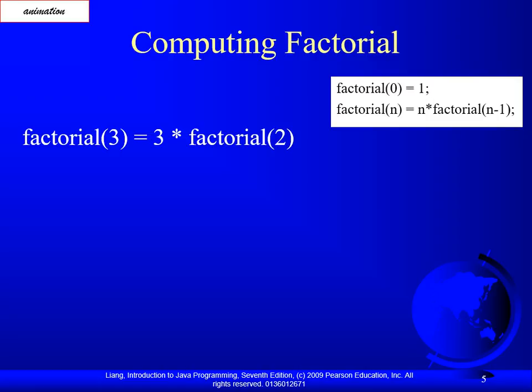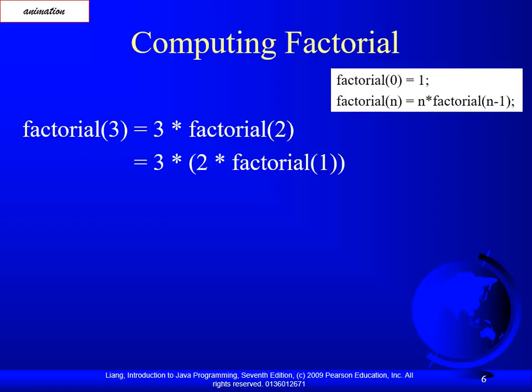3, the value is known. That part, the value is not known, not yet anyway, so we are going to work on that part. By the definition, factorial 2 is equal to 2 multiplied by factorial 1. So that becomes 3 multiplied by 2 multiplied by factorial 1.